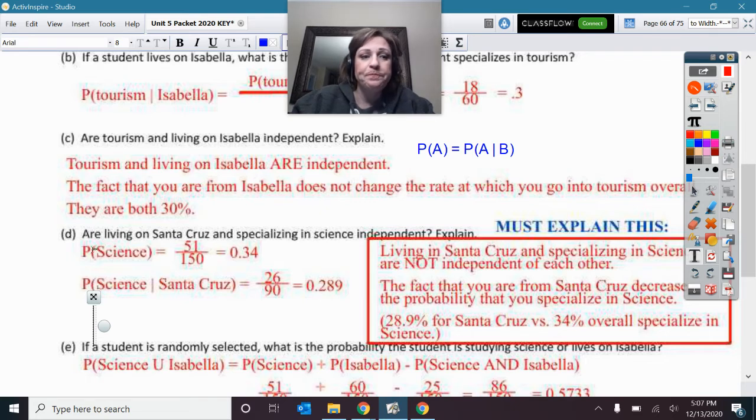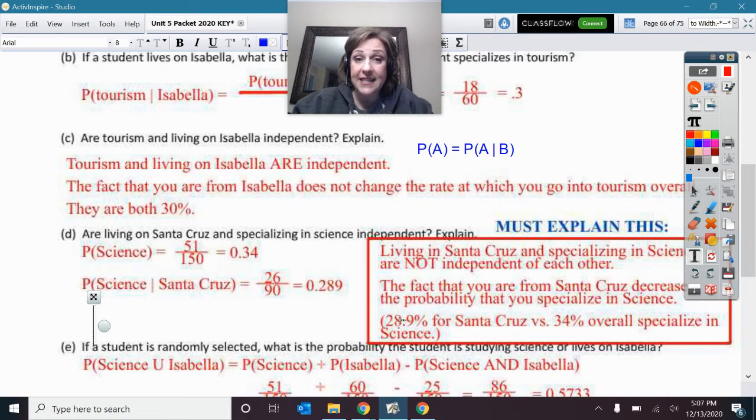So I had to set this up. Overall science was 51 out of 150. Science out of Santa Cruz: there were 90 Santa Cruz students, and then 26 were science and Santa Cruz. So look there. They are not independent of each other because I can see the fact that you're from Santa Cruz made it less likely that you go into science.